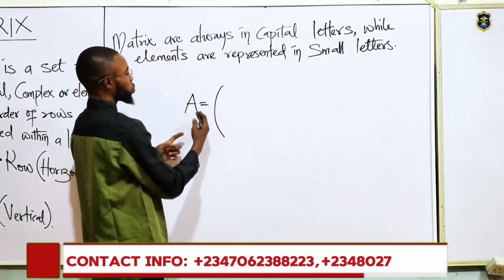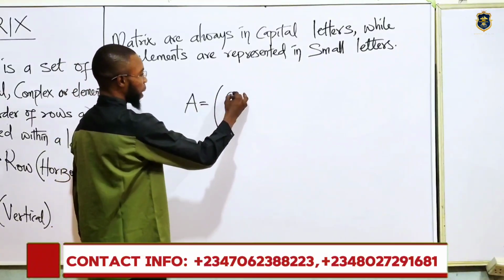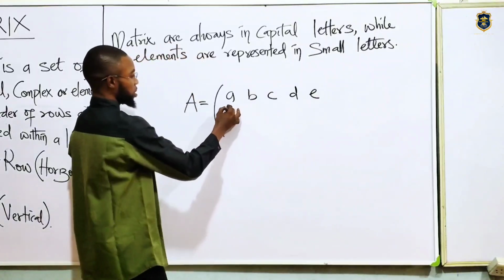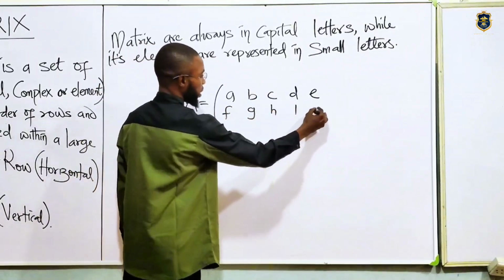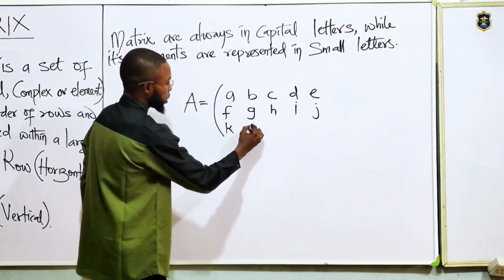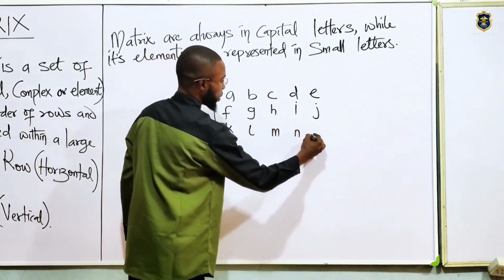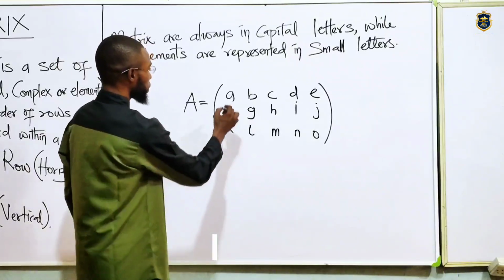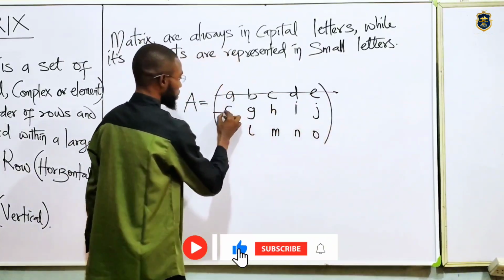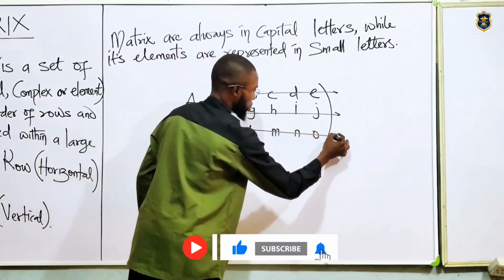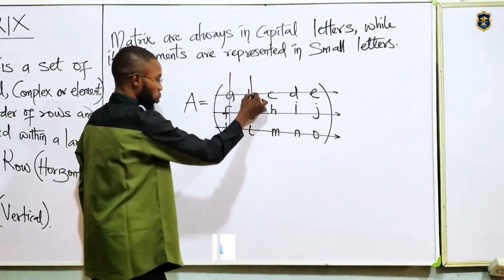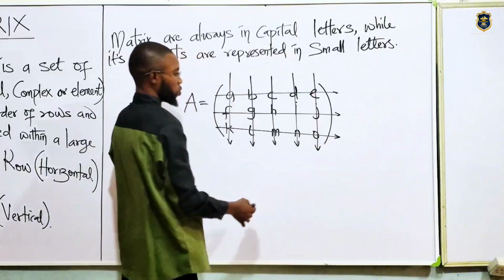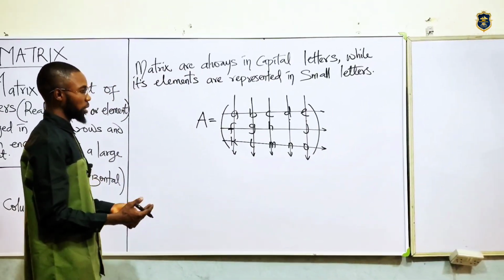If I want to rearrange the elements of a matrix, it will look like this: A, B, C, D, E, F, G, H, I, J, L, M, N, O. You can see now this is a matrix because they are arranged both in rows and in columns. When you see something arranged in this order, know that it's a matrix.